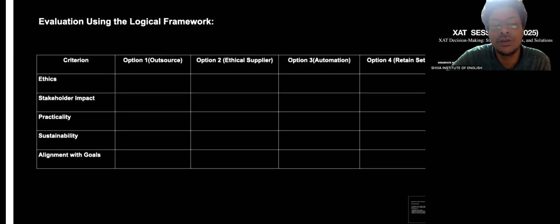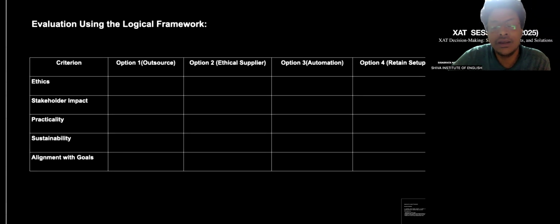So when we evaluate, what we need to do is follow the evaluation using the logical framework. In the evaluation using the logical framework, you can see that a table is given with five columns, and five criteria are given, isn't it?